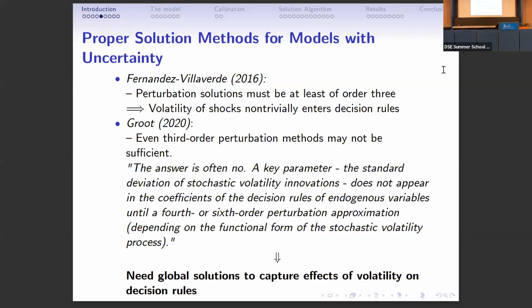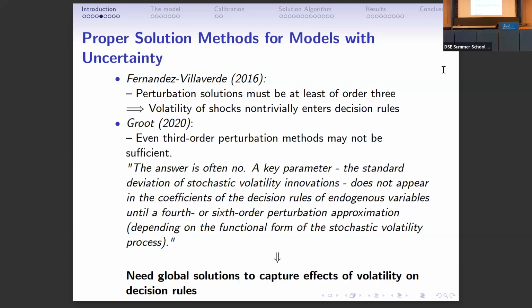Then about solving these models with uncertainty, we know from the previous literature that perturbation methods could be problematic, as is argued in the Fernandez-Villaverde paper. The solution should be at least of order 3, right? And this is already common knowledge.